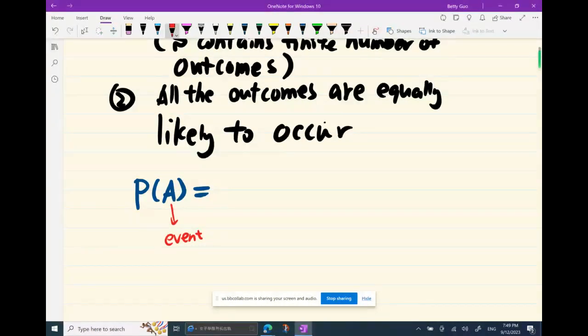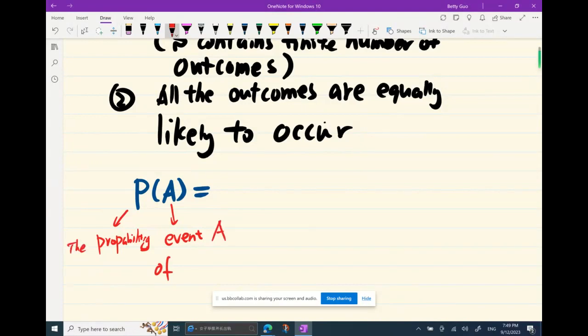Remember, an event is a result of the procedure, and the P here is the probability. So this notation is the probability of event A.